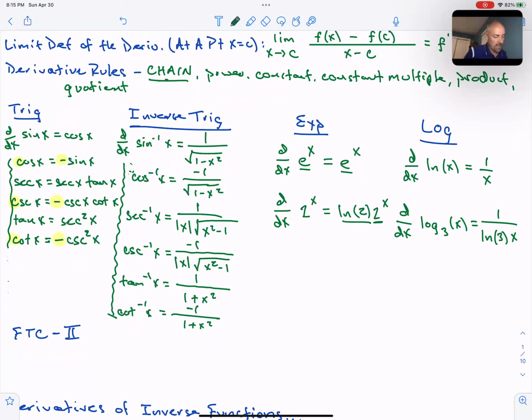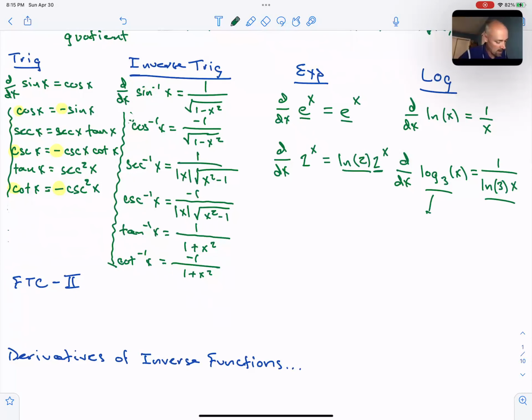If you remember the change of base formula from logarithms, that might make sense to what we're doing right here. Because we could take this and use the change of base formula. We could say, hey, log base 3 of x is equivalent, if we want to change that into a log of another base, say natural log, to the natural log of x over the natural log of 3.